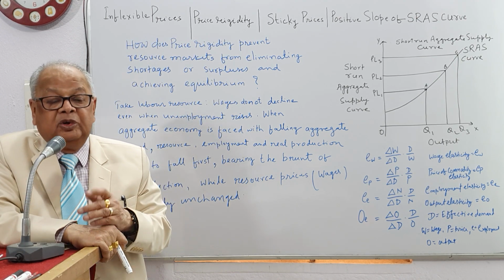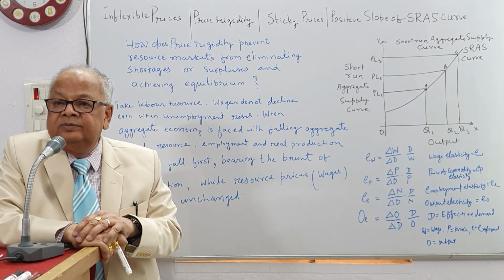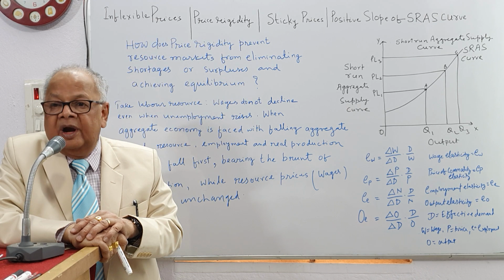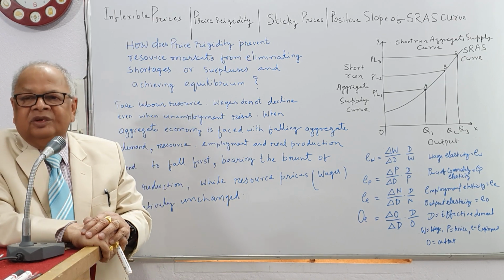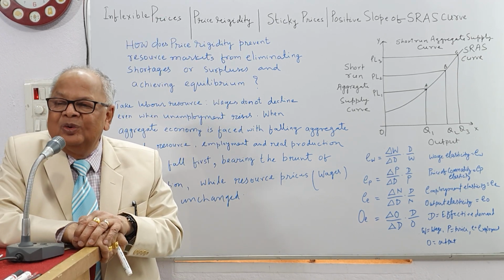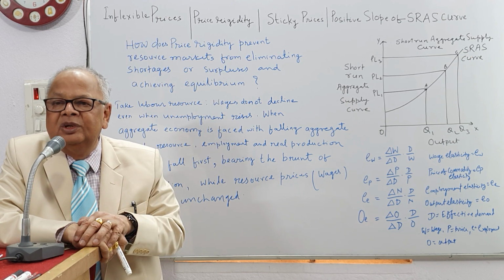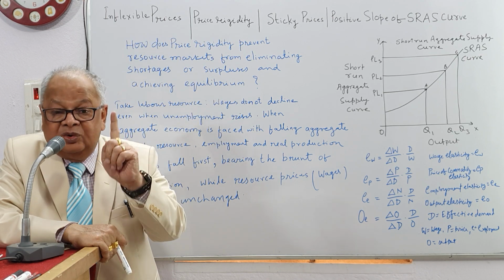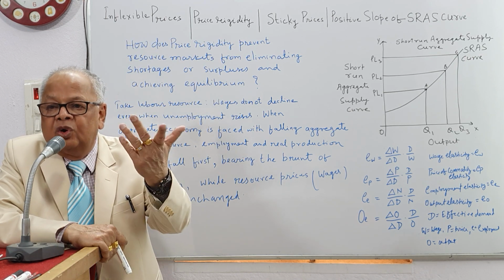But in macroeconomics, aggregate demand is not the total of microeconomic demands. D1 plus D2 plus D3 up to Dn, sigma D, is microeconomic demand, related to one commodity.